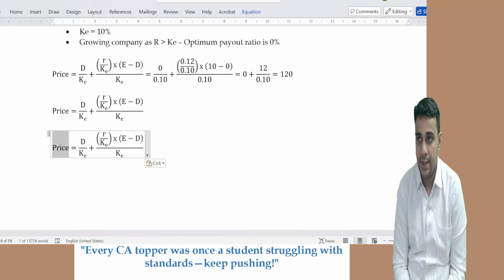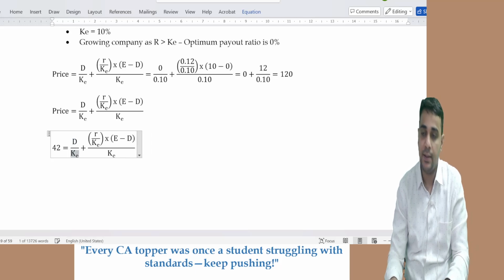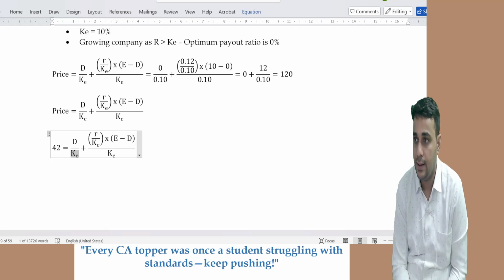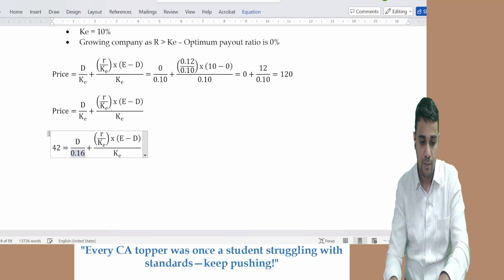In place of price, we will write 42. D I don't know, that's what I'm calculating. What is the KE? 0.16.